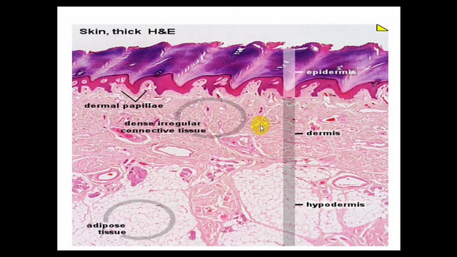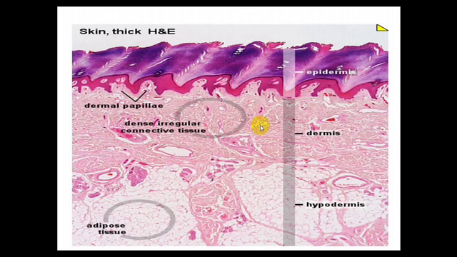This papillary layer contains loose connective tissue with thin type 3 collagen fibers and elastic fibers arranged in loose networks, with anchoring fibrils extending from the basal lamina, binding the epidermis to the dermis.